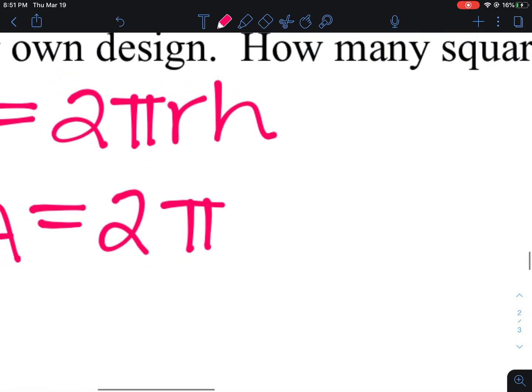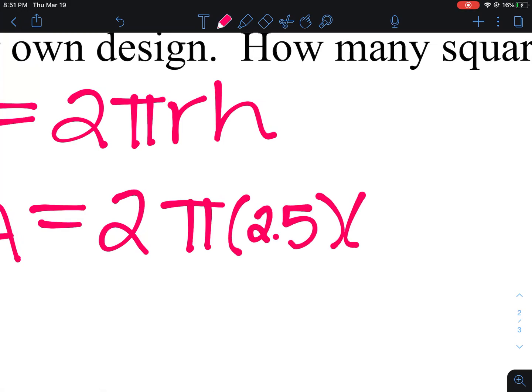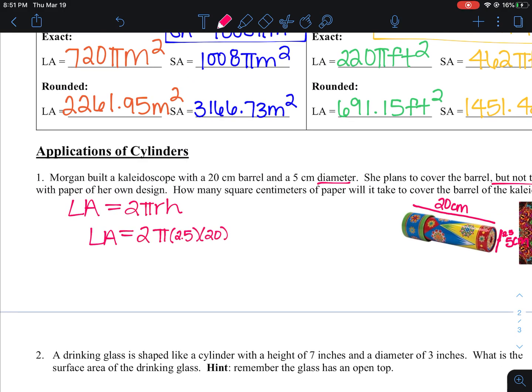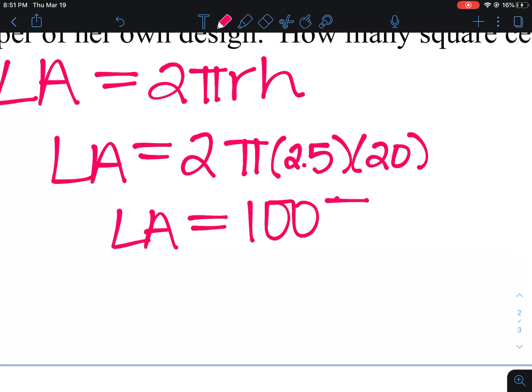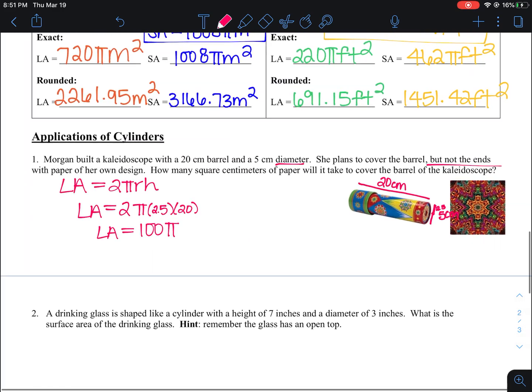Half of 5 is 2.5. So that's our radius. And the height of our kaleidoscope is that 20 centimeters, right? That's how long it is from base to base. So when you do 2.5 times 20 and then multiply that by 2, it's 100. So 100 pi.